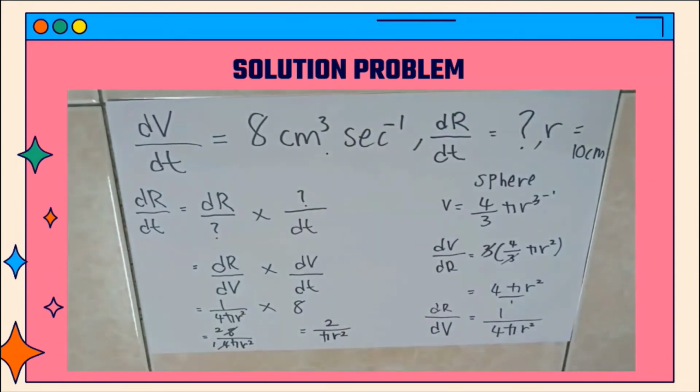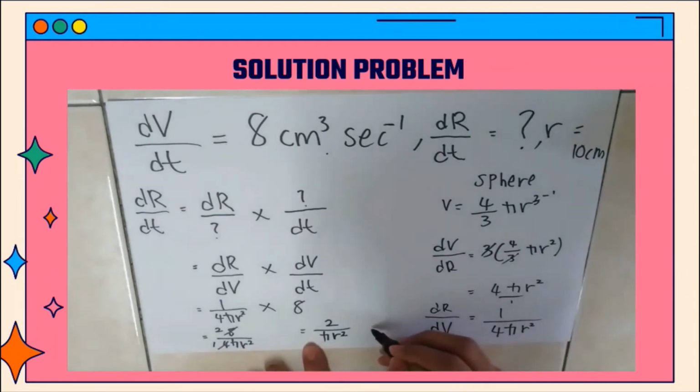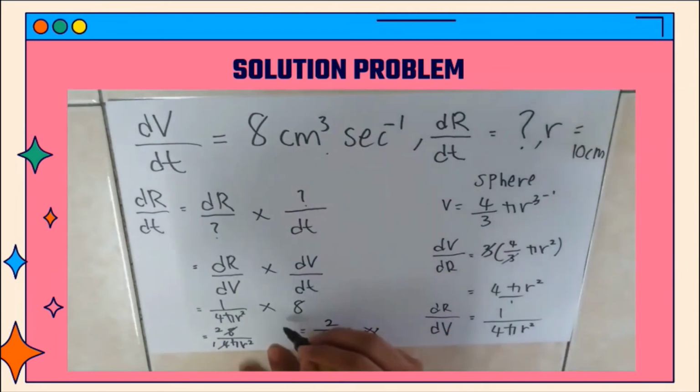But that's not the last answer, because the question asks us to find the rate of change when the radius is 10 cm.